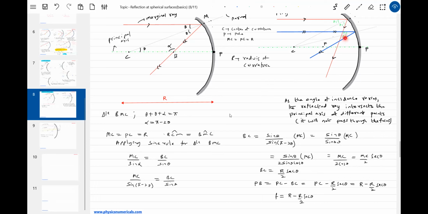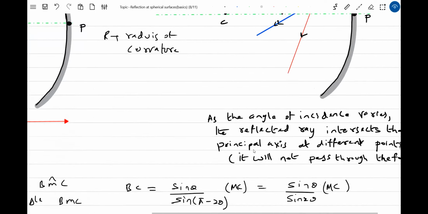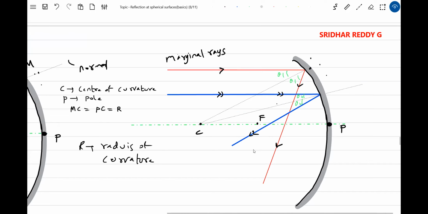As the incident point lies close to P, this angle of incidence will decrease. You can see from here, if I bring the incident ray very close to P, theta will decrease. Therefore, as the angle of incidence increases, it will become a marginal ray.